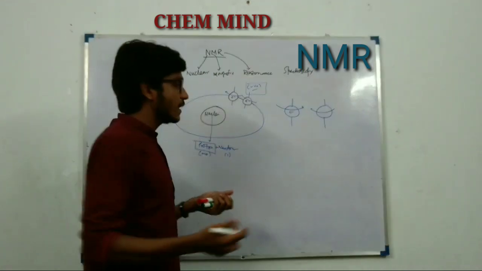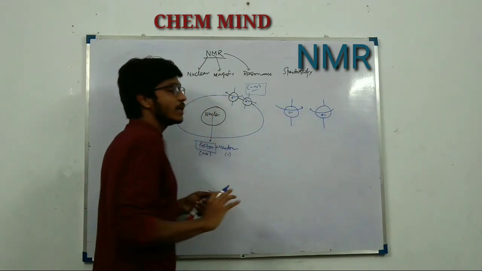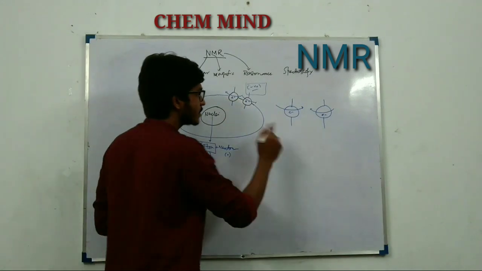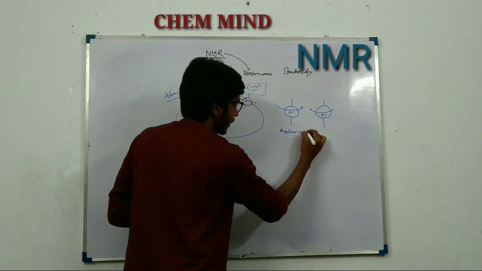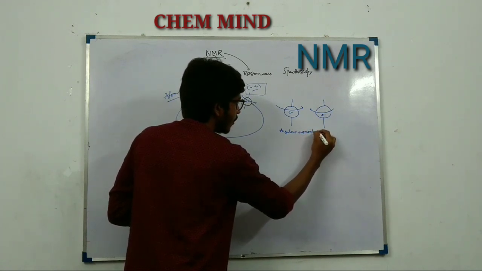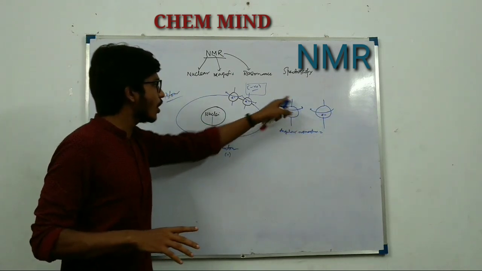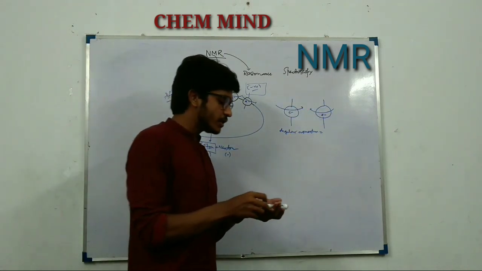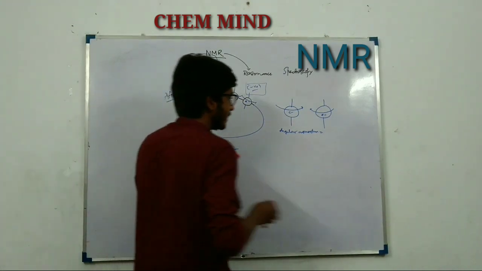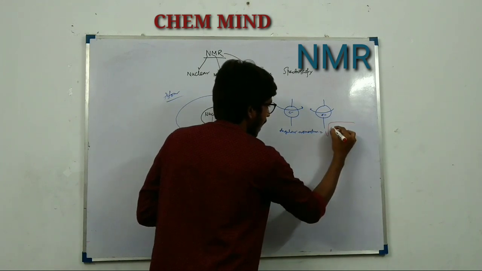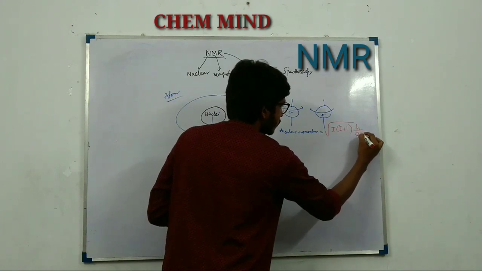So this electron is rotating either on this side or on this side. What is actually happening when the electron is rotating in this direction or that direction? There is obviously the formation of an important thing, the angular momentum, due to the spinning of the electron. This angular momentum has a particular formula: root over I into I plus 1 into h by 2 pi.